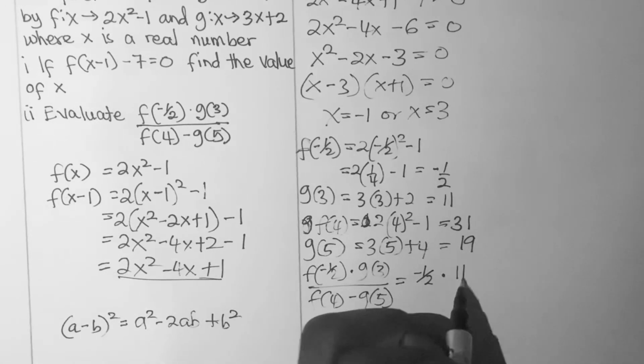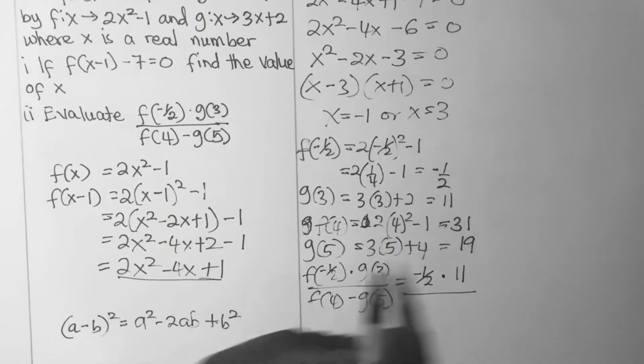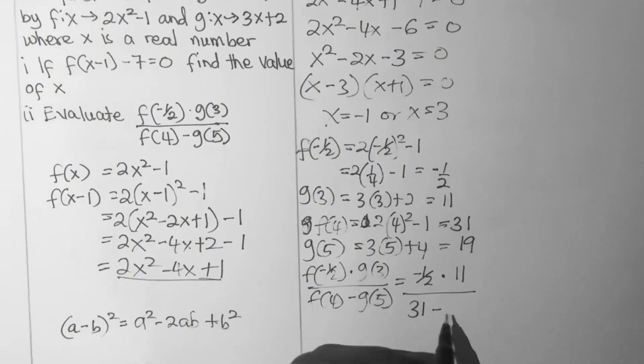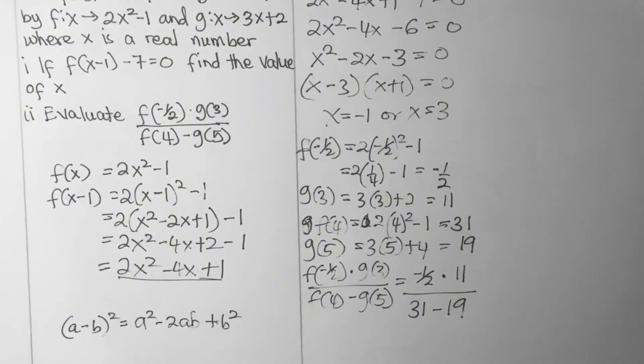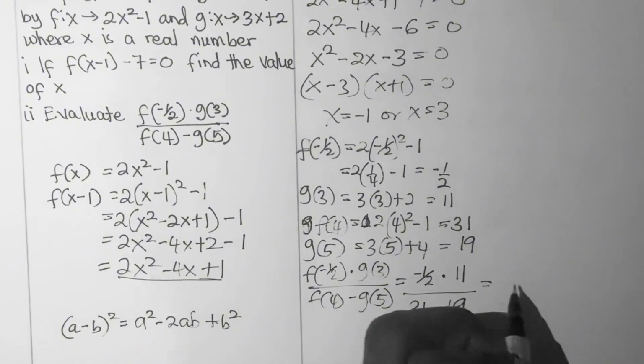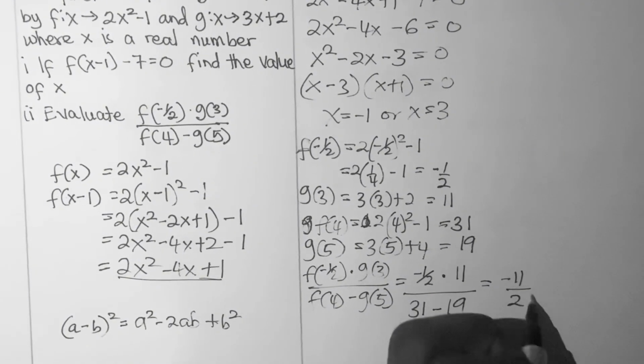G of 3 is 11, divided by f of 4. F of 4 is 31, minus g of 5. G of 5 is 19. Now, if you type all of this into the calculator, you are going to get minus 11 over 28.